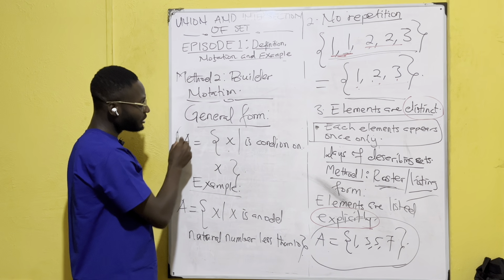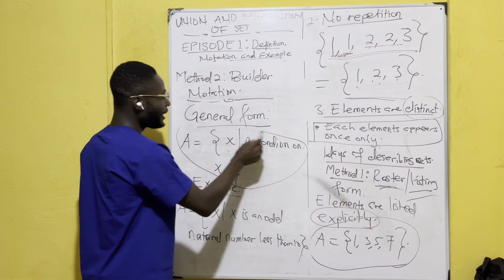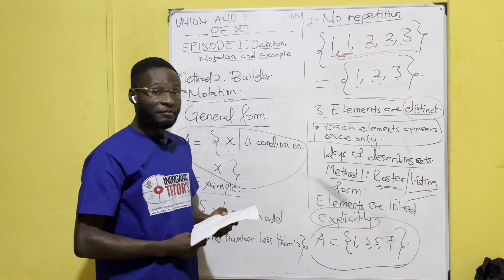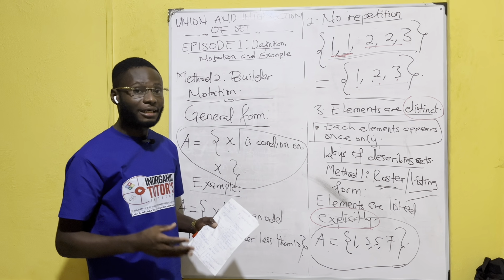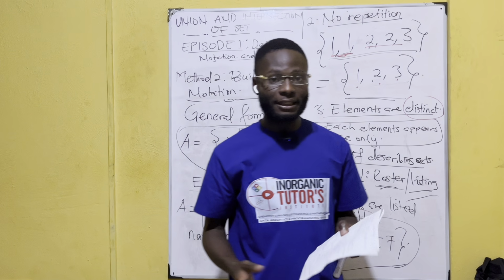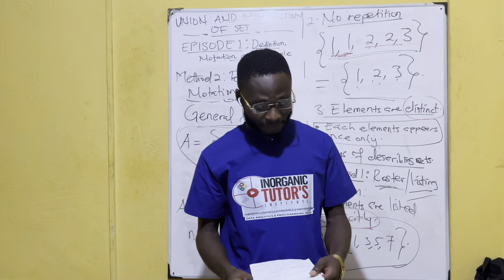Anytime you see something of this sort, it's called the builder notation form. And that is the second method that we can describe a set.